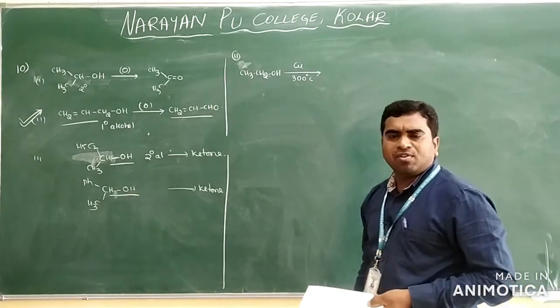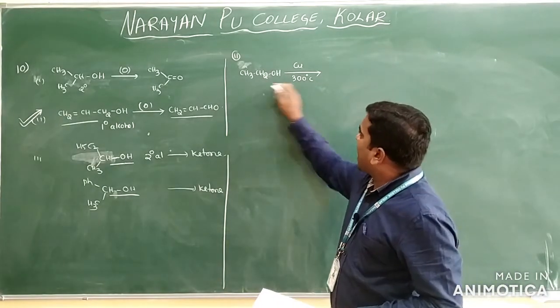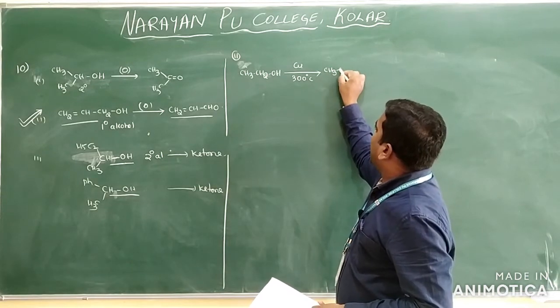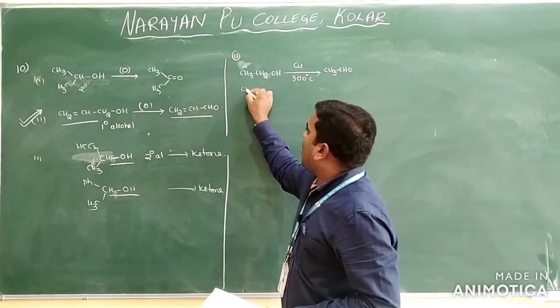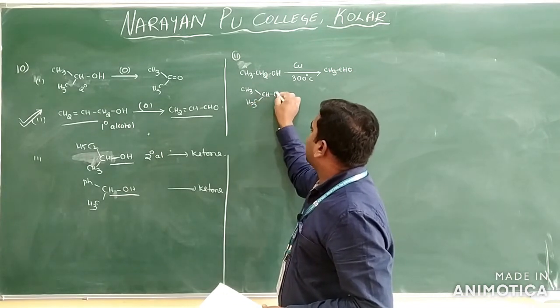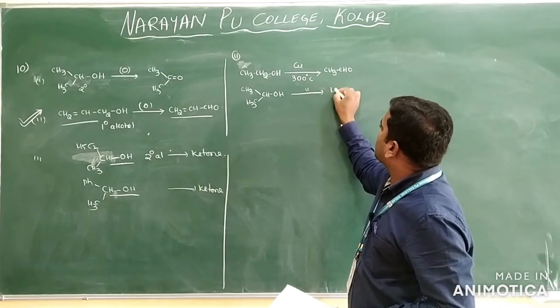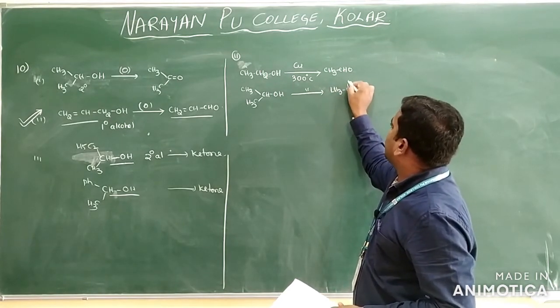Oxidation of alcohol with copper, the action of heated copper, we have already discussed. Primary alcohol gives aldehyde. Secondary alcohol gives ketones.